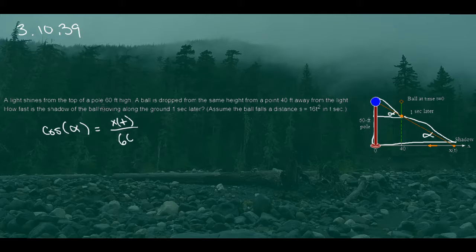So that's 60. But I can also look at cosine of alpha of this smaller triangle here, and that's still going to be cosine of alpha. So I know that these things are equal. If I look at this smaller triangle, the adjacent is going to be 40, that's just this lower leg here, 40 away from the pole.